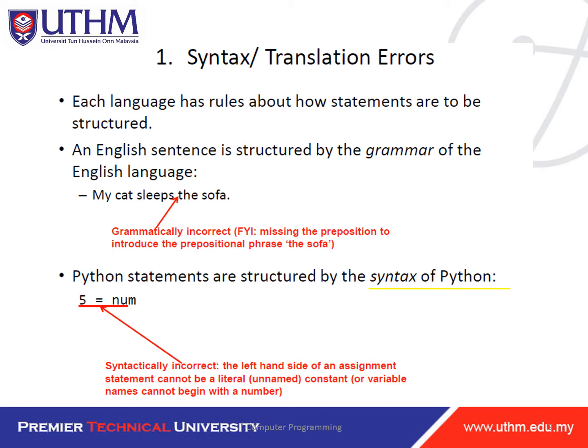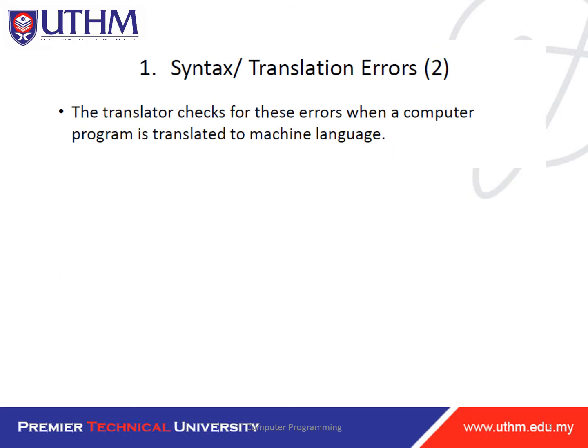The left-hand side of an assignment statement cannot be a literal or constant, and names cannot begin with numbers. There is no variable name that starts with 5, so you must put number = 5, then it will be correct.